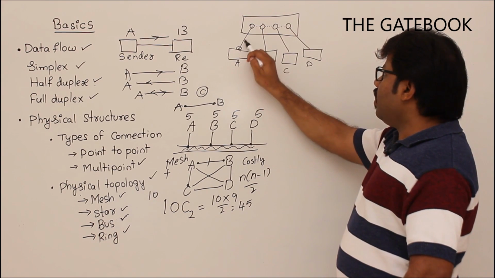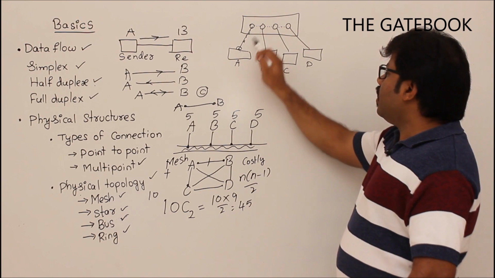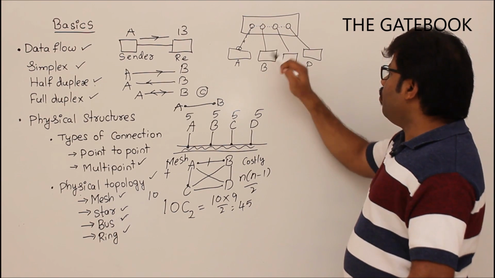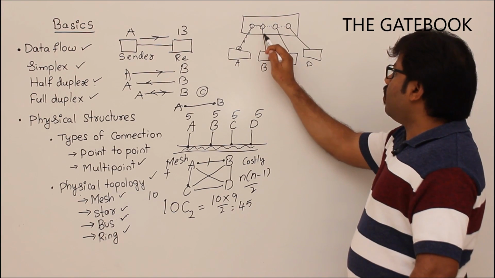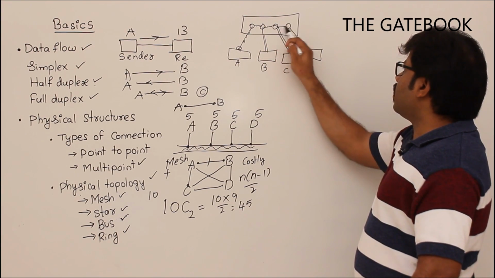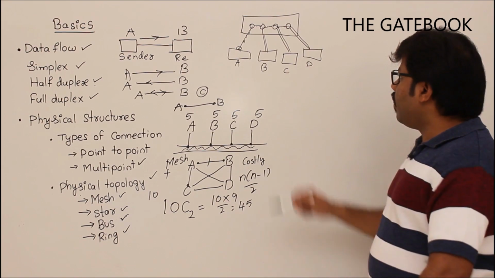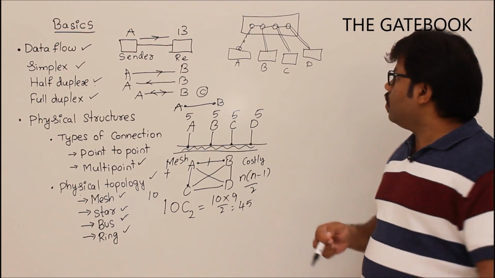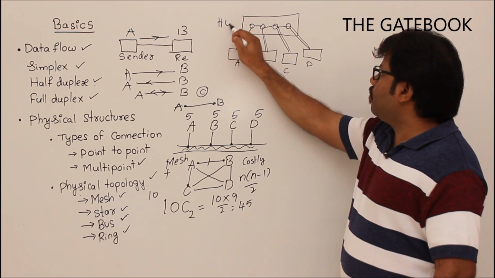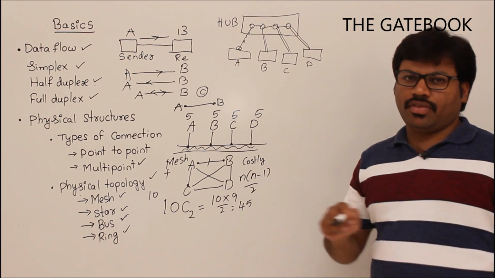Whenever A sends the data, first it will go here. Then this hub will relay that data to B, C, D. Then appropriate system will take it. So that means data comes like this and like this and like this. Similarly, when B sends the data, then it will be relayed to A, C, D. So this is called hub or controller.